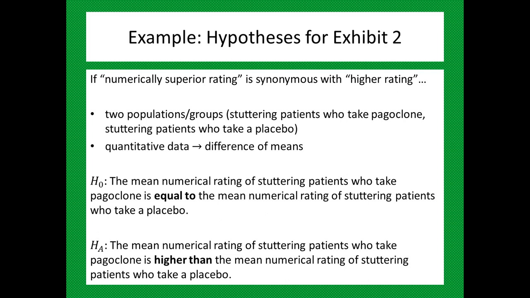With writing out the hypotheses, the other things that we're going to need would be the specification, which I suppose here is the numerical rating, and then the equality in the null hypothesis and then the inequality in the alternative. What you'd be looking for generally if you're comparing any kind of medicine or any kind of treatment to a placebo is you would want to see if that treatment does better than the placebo. If numerically superior is higher, we're looking for evidence that it's higher for the pagaclone group because that would be evidence that the treatment actually does something.